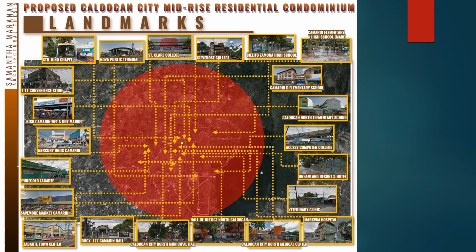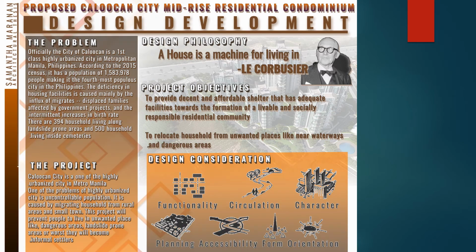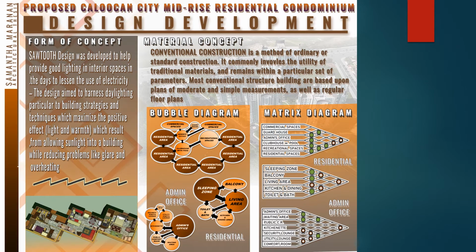The landmarks, where you can see the different landmarks measured inside a 5-kilometer radius from the site. Design development, where you can see the problem, the project, and different design translations. And also the form concept, material concept, and different building space programs.